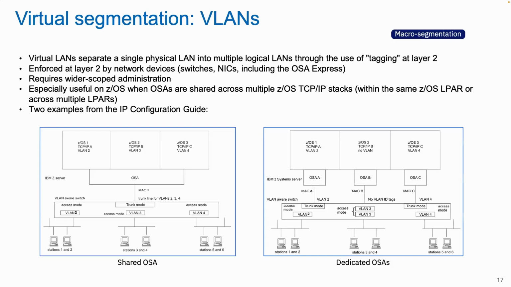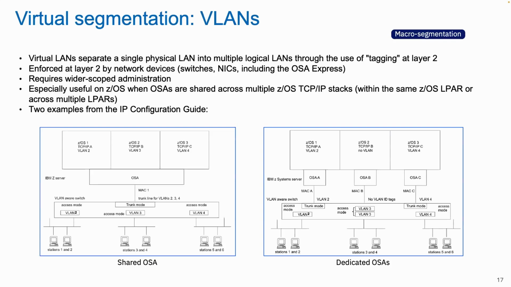So in this scenario on the left, any packets coming from zOS 1, 2, or 3 that are tagged will go through that one port. Even though they're tagged differently, the switch will allow all of them. And then it will determine, based on how it's tagged, which of the outbound ports to go to, either VLAN 2, 3, or 4. So it provides the ability to do that segmentation.